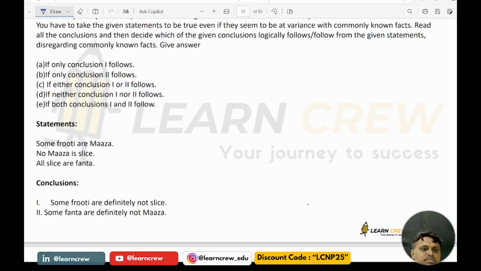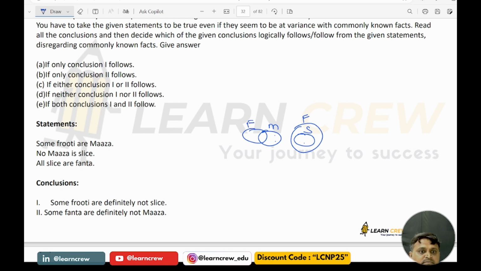Next. Some fruity are maja. No maja is slice. All slice are Fanta. Maja and slice have no intersection, but maja and Fanta can.